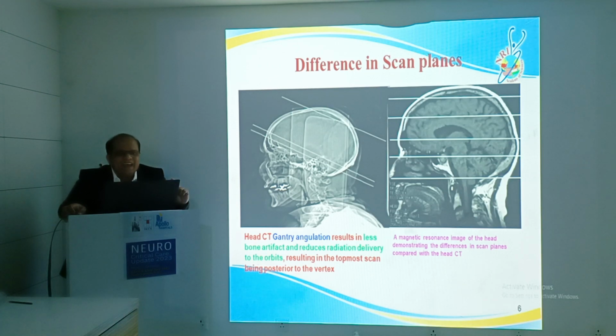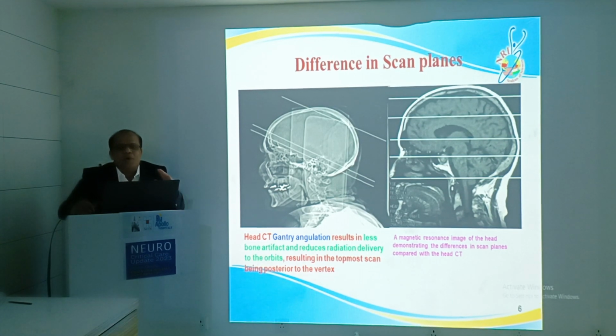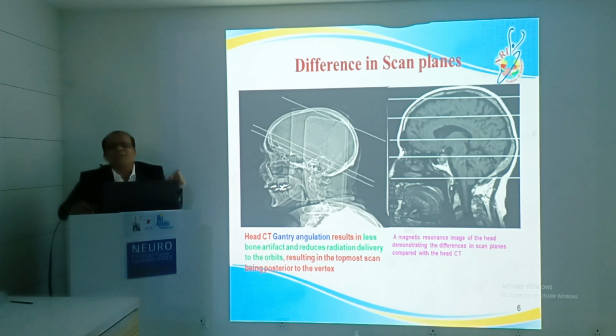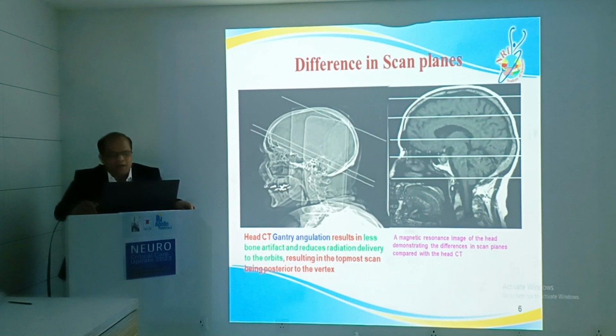Because of this gantry angulation, we can avoid maximum bony tissue within the image, and reduce the dose of radiation to the eye. Because of this, the topmost scan, which is taken last, will be posterior to the vertex. But in MRI the planes are normal.